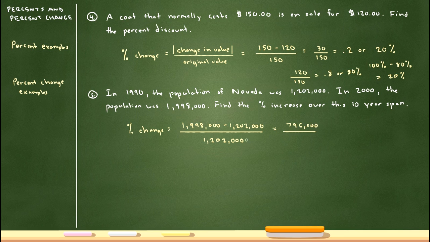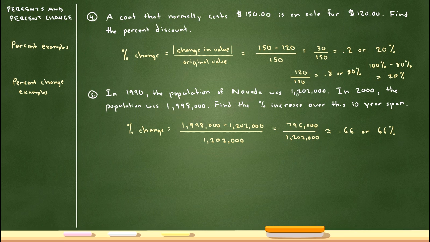And we're dividing this by 1,202,000. Okay, and so this looks like it comes out to be, let me do the approximation again. So approximately 0.66 or 66%. Okay, so that's one way of finding it.